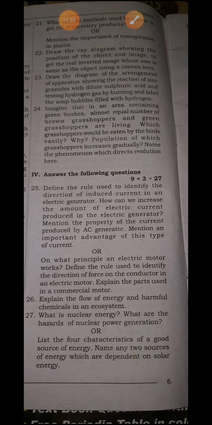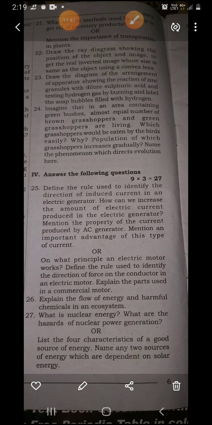Because of that, the plants look much greener and fresher, and the roots absorb the water, and that water is circulated all over the plants or trees. Okay, fine. So I hope this answer is clear.